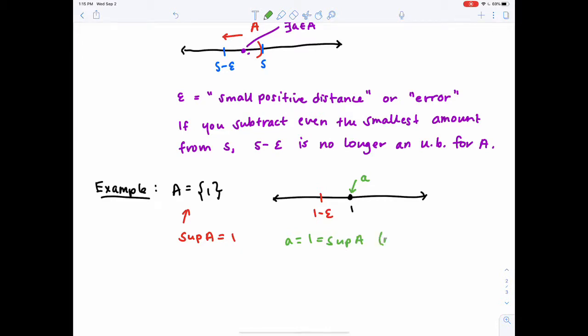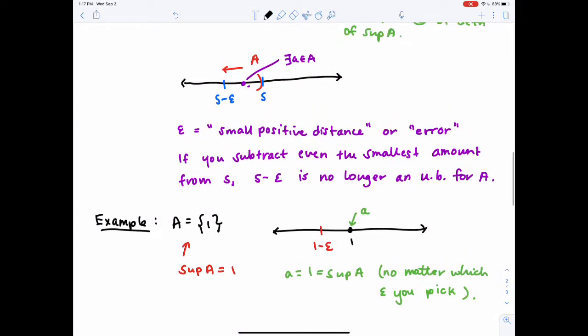And this is no matter which epsilon you pick. So sometimes you'll turn up a little a in the gap between S and S minus epsilon, and other times, if the sup is in the set, the little a that you're returning might be the supremum itself.